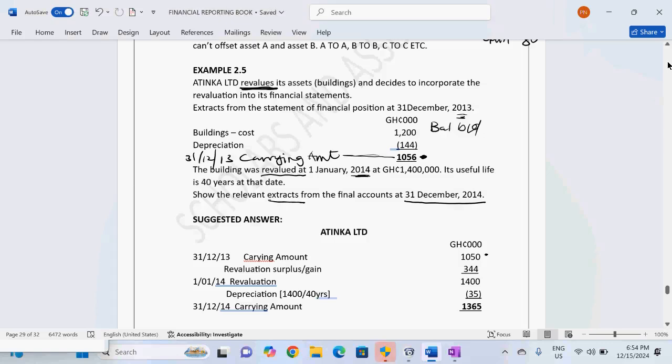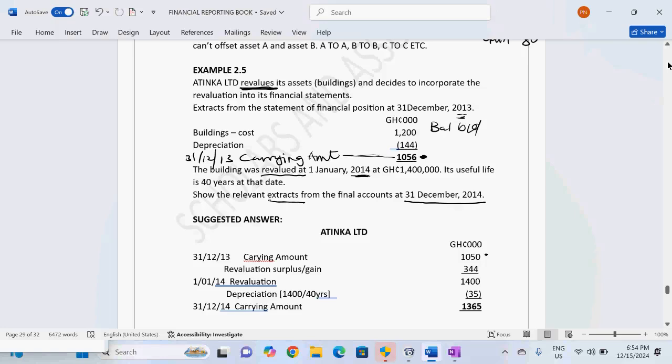So the building was revalued at the beginning at 1.4 million, 1,400,000. That is the revalued amount.